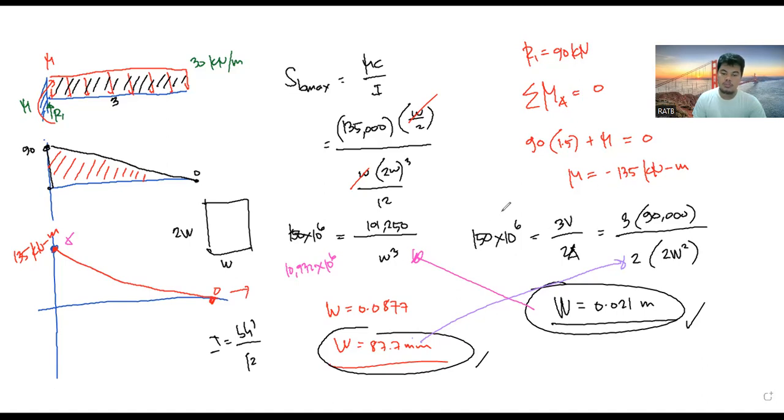This will only be around 8.78 megapascal. So of the two, the answer is 87.7 because it passes both the maximum bending stress and the maximum shear stress.